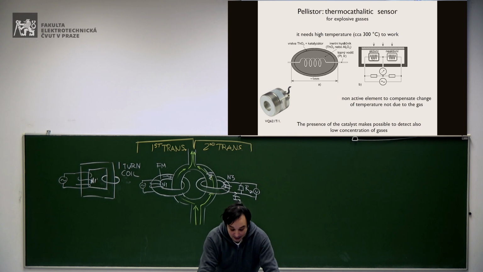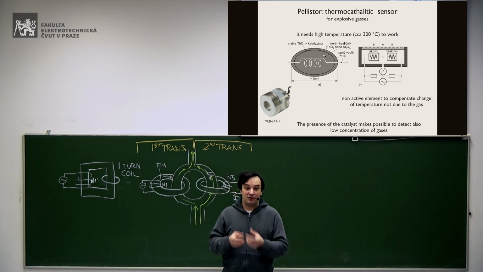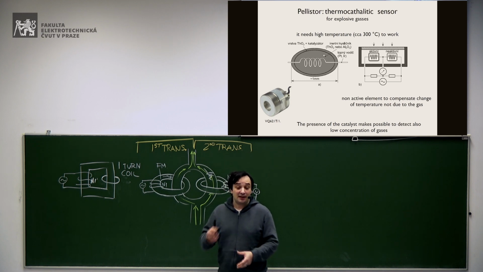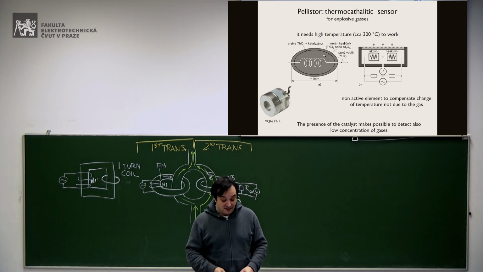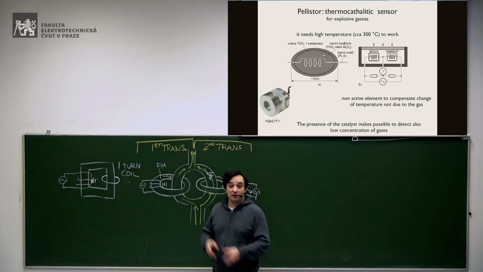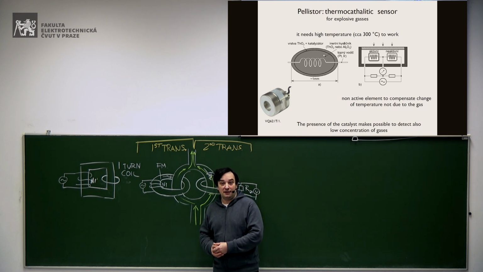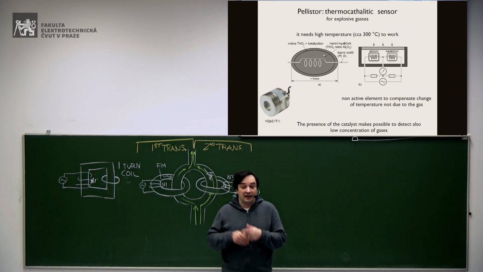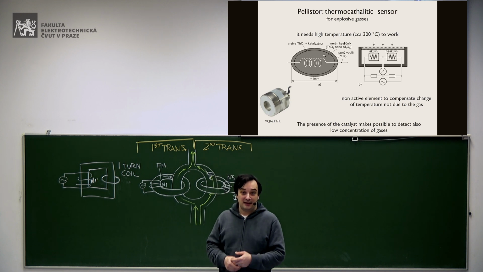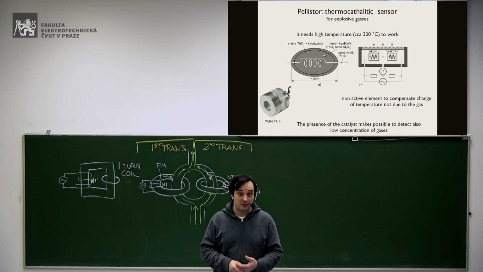One is in fact active, so it is exposed to the gas. You have two filaments. One is exposed to the catalyst, which makes the combustion. The other one is identical, is fed by the same current, but will not feel the energy released by the reaction of these gases that you want to measure.